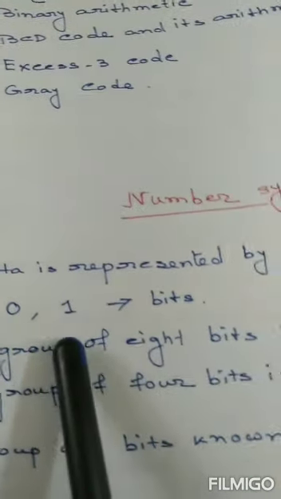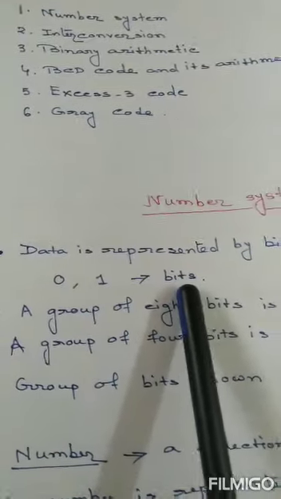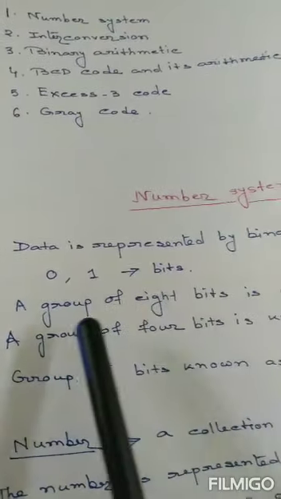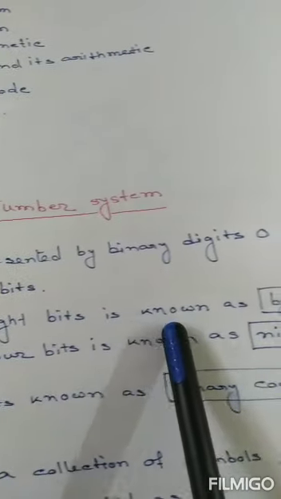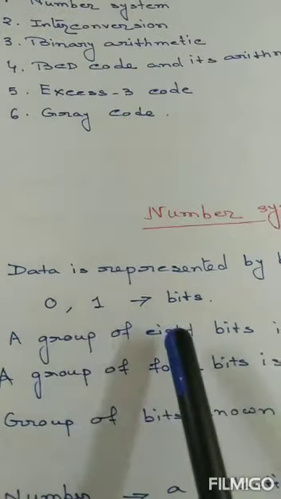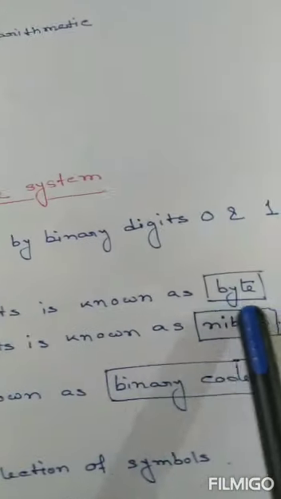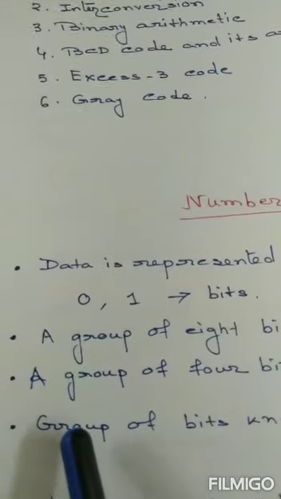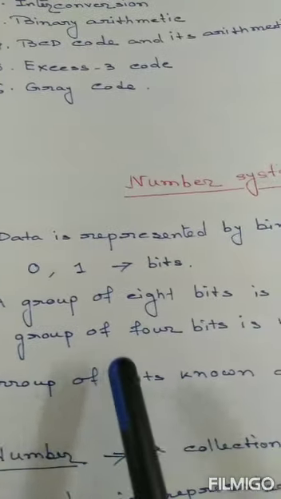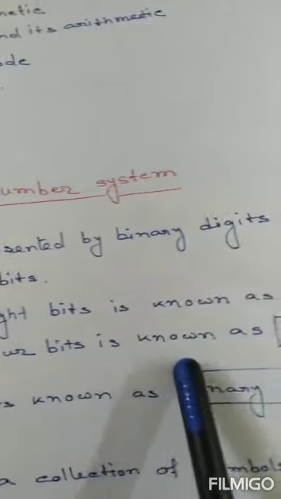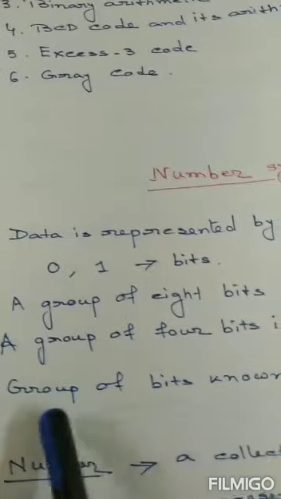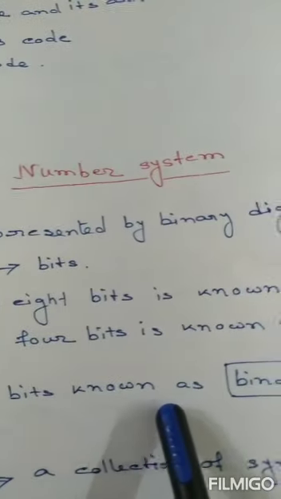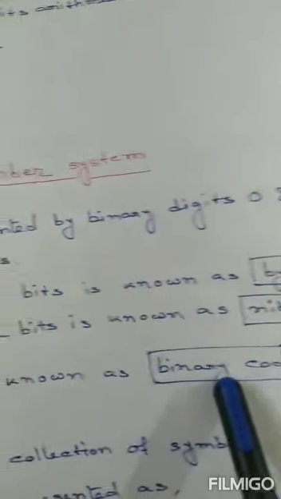A group of 8 bits is known as a byte, and a group of 4 bits is known as a nibble. A group of bits is known as a binary code.